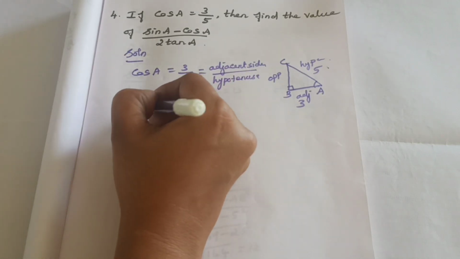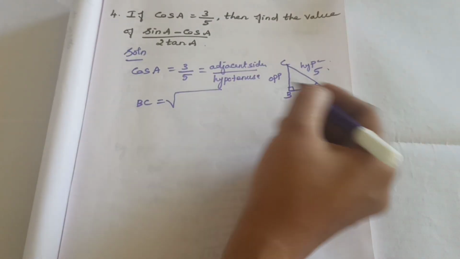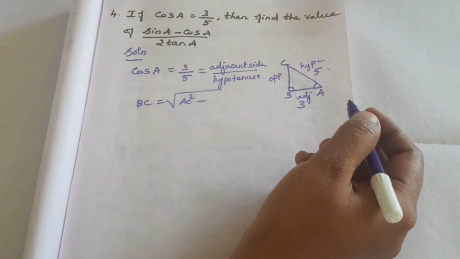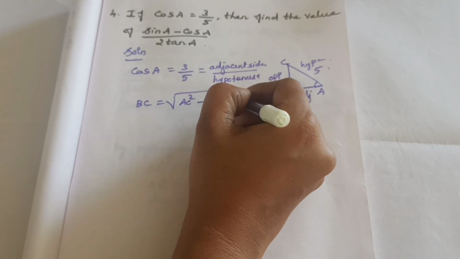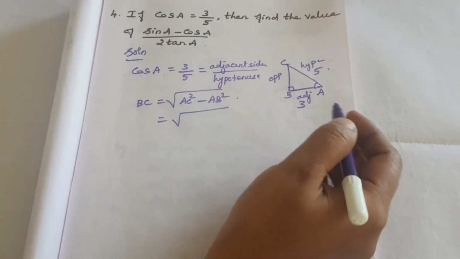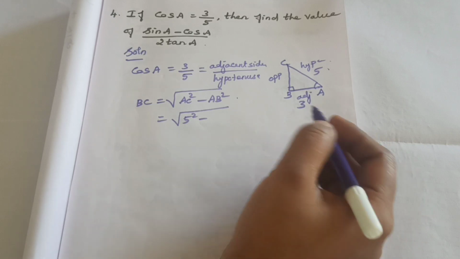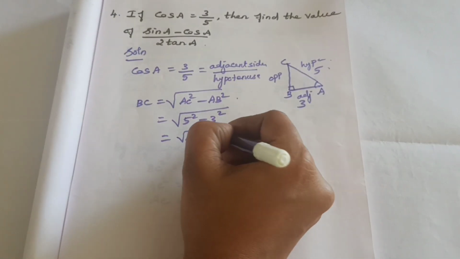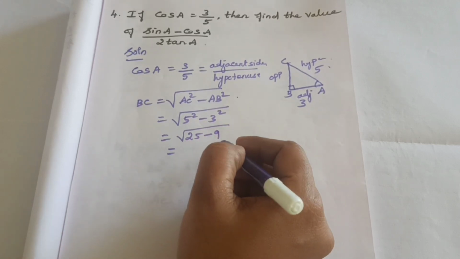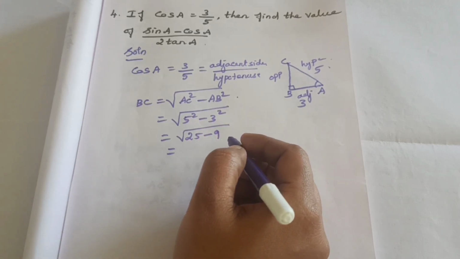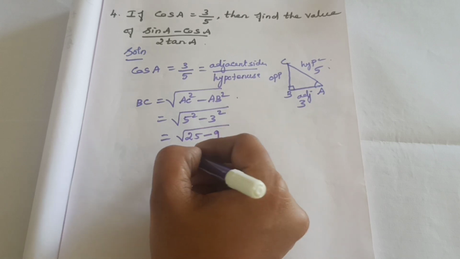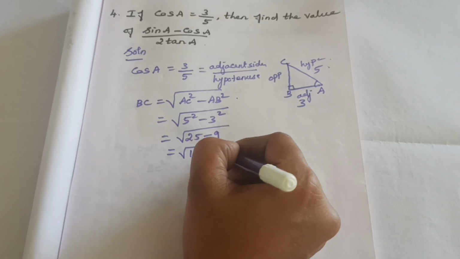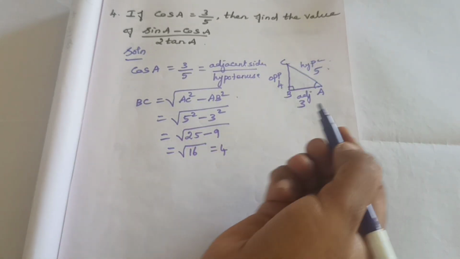Therefore BC is equal to square root of AC square minus AB square. That equals square root of 5 square minus 3 square, which is square root of 25 minus 9. 25 minus 9, what value will you get? 16, isn't it? Square root of 16. 4 fours are 16. Then it equals 4. Therefore the opposite side is 4, we got.